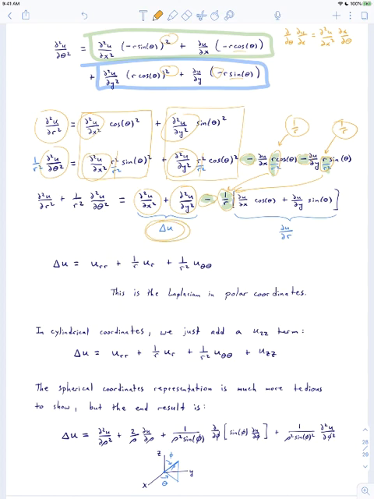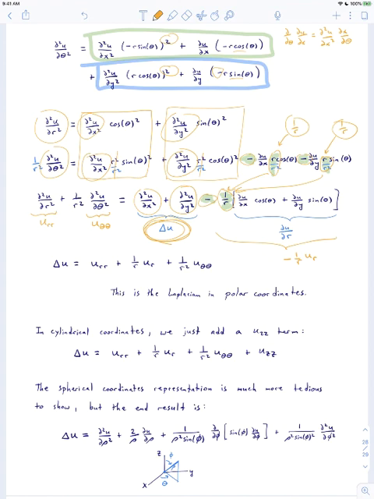So here we have a Laplacian of u, and this term right here is minus 1 over r times the partial of u with respect to r. This term is u sub rr, the second derivative of u with respect to r, and this one is the second derivative of u with respect to theta.